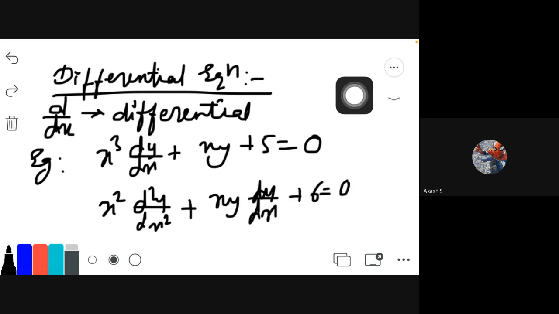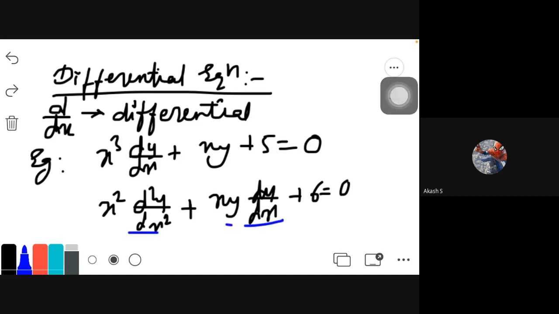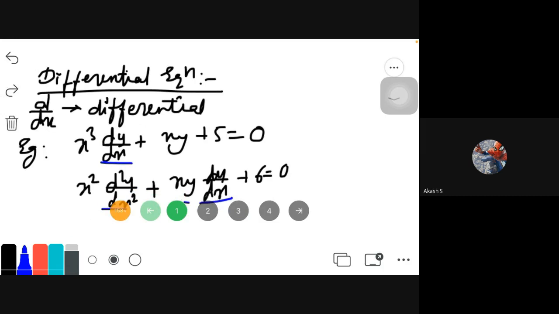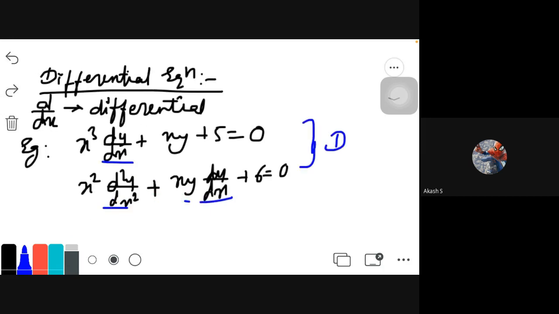So here also I am having the term dy by dx. So whenever in the equation you have a term where you are getting differentials, or in other words derivatives, the equations are called differential equations. I'm using the short form DE for a differential equation.